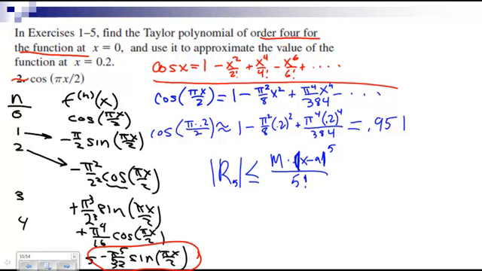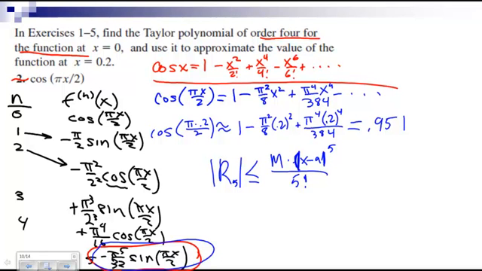Now, here is a seeming contradiction that I'm going to resolve. Are you ready? In order to find out what the maximum value of the 5th derivative is, we've got to be able to find the value of sine.